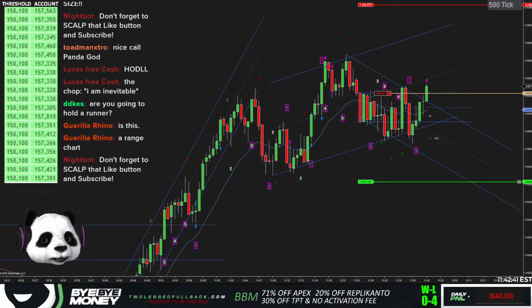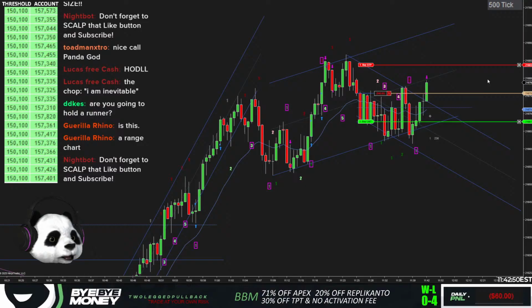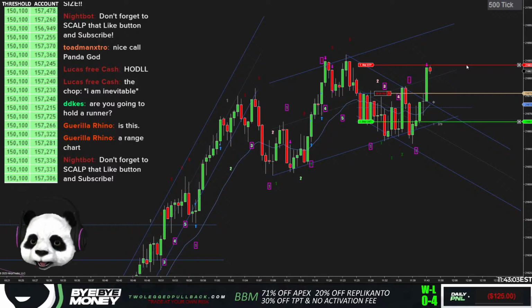Oh, did I time the breakout perfectly right when I entered? I mean, I can't risk more than a 1-to-1 on this trade, right? When I try to go with limit orders, it breaks out. It's incredible. I do it perfectly every single time.